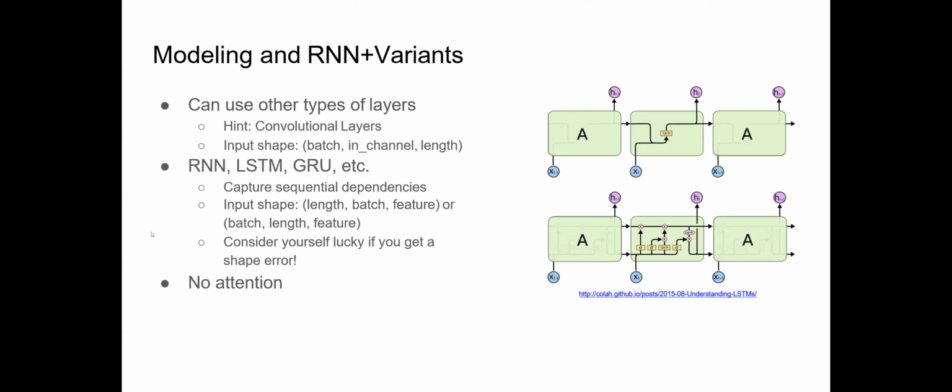So please check the inputs and the sizes, everything properly. The hint for this homework: if you have gone through the recitation last week, I explained why convolutional layers do help in sequential dependencies.